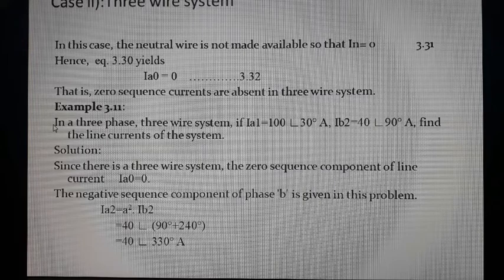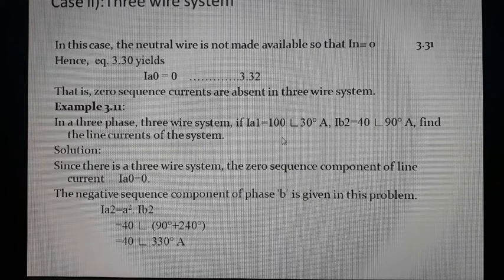Okay. So take one example in a 3-phase 3-wire system. If IA1 is given as 100 at an angle 30 and IB2 is given, find the line currents of the system. Since it is a 3-wire system, the zero sequence component is 0, so IA0 is equal to 0.